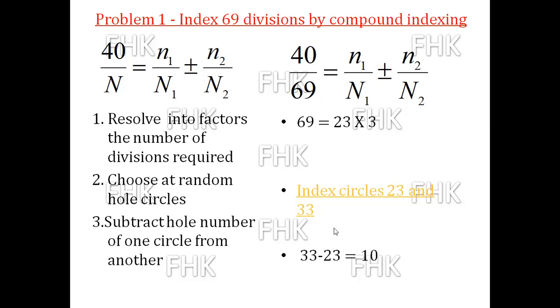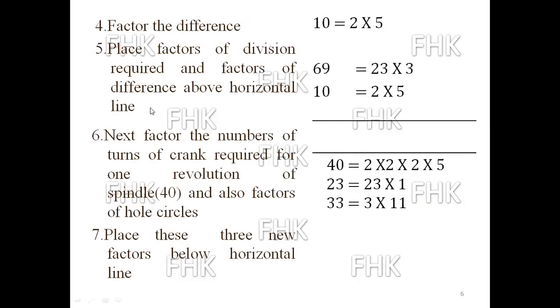So I am taking 23 and 33, and the third step is doing the subtraction and getting the final difference value, that is 10. Now the next step is to take the factors of that difference. The difference value is 10, and again make the factors of that 10, which is 2 into 5. That is the single combination, 2 into 5.